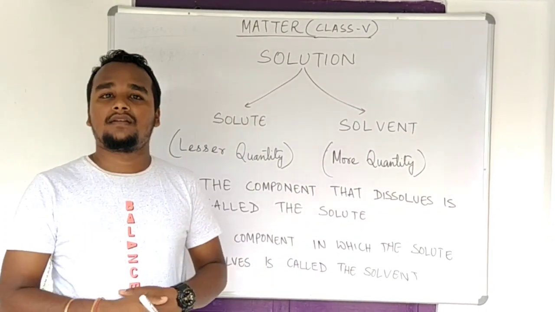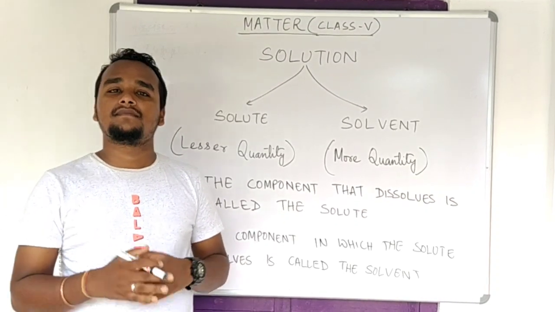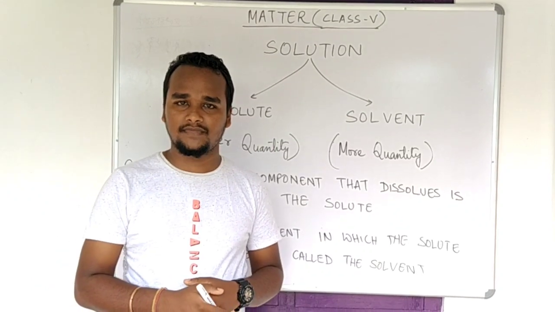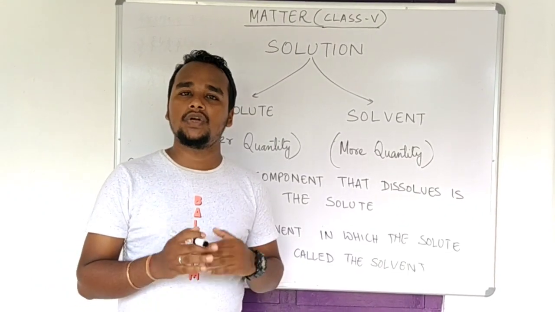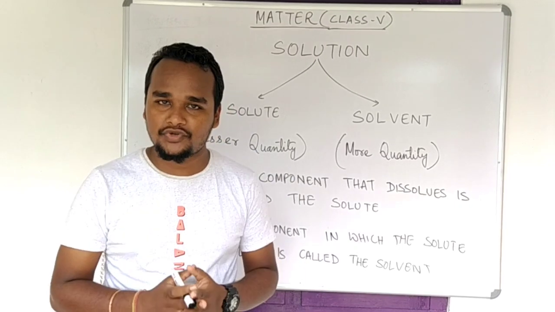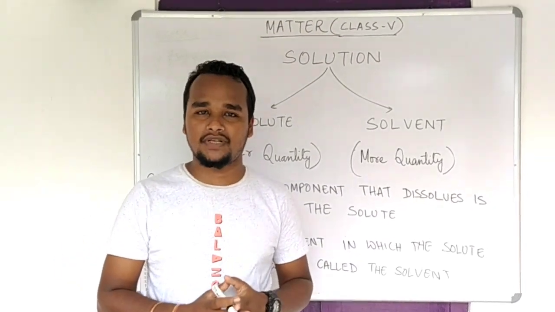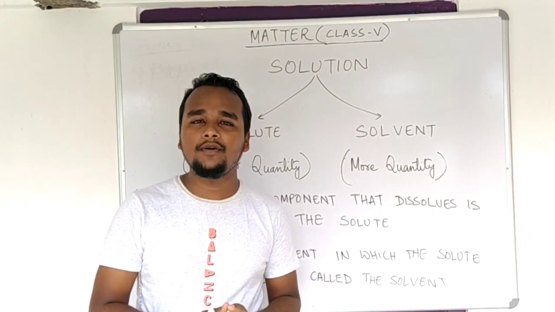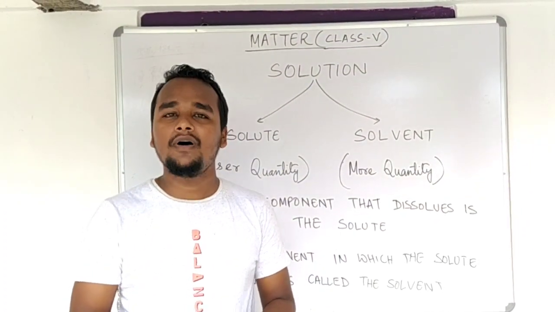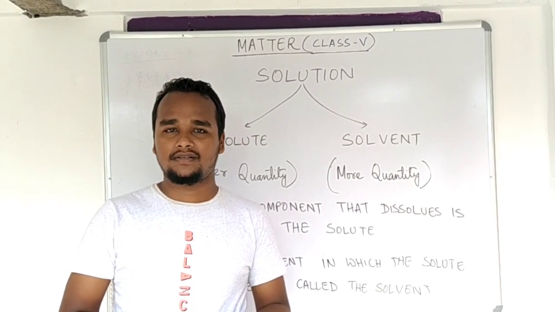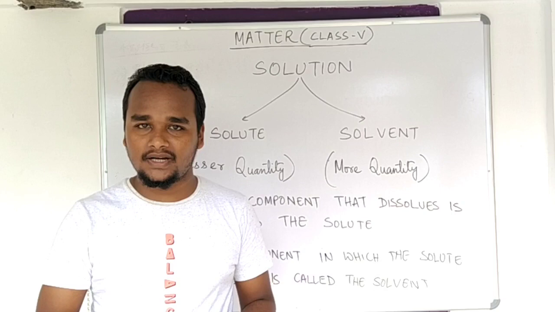As an example, let me consider a salt solution. Now, what do we need to make a salt solution? We need salt and we need water. Which thing will you need in more quantity?